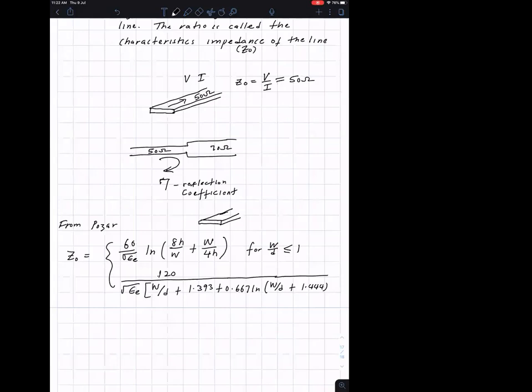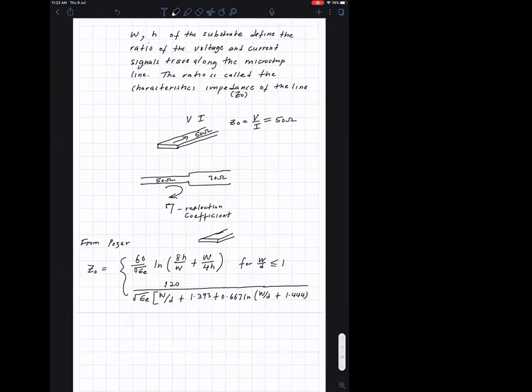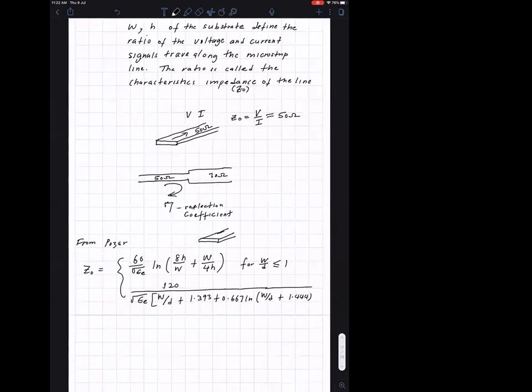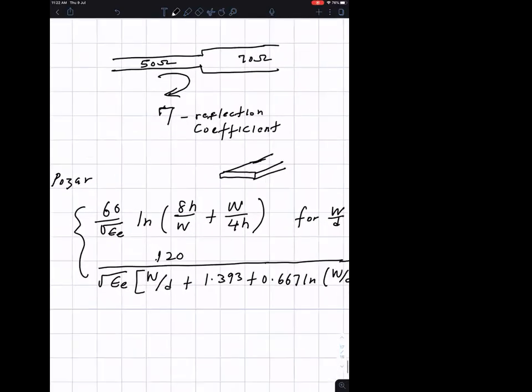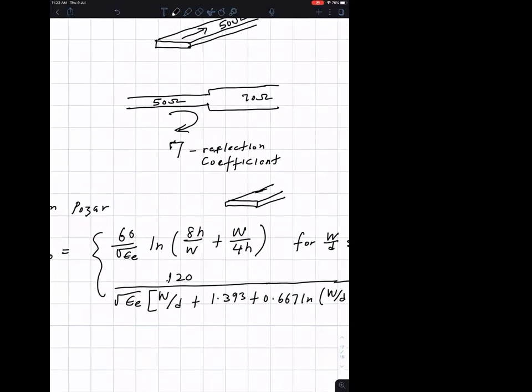Okay. So this is the characteristic impedance. As you can see clearly, the characteristic impedance is dependent on geometry. Geometry, in this case, W and H. See the W, H, this is a geometry.